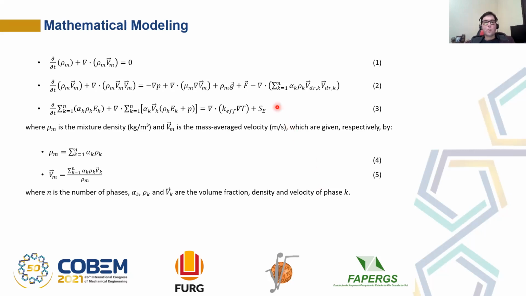The first three equations are the conservation of mass, momentum, and energy. It's pretty similar to a single phase problem, but the difference is this M term. The M stands for the mixture, so I have the density, the velocity, and the viscosity of the mixture. We also have the drift velocity, which is very important for the relative velocity between the phases, because we usually have very different velocities between the phases in this kind of problem.